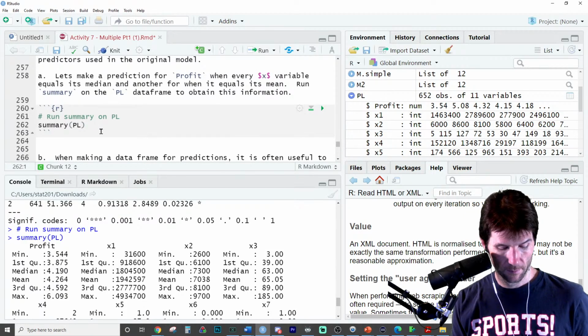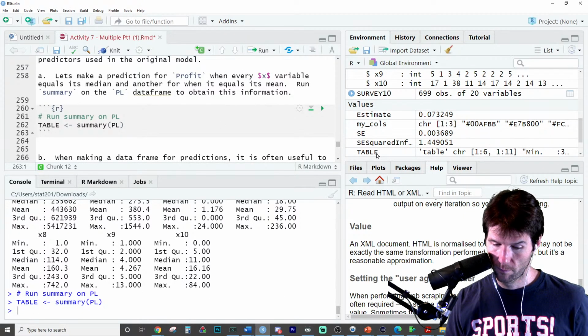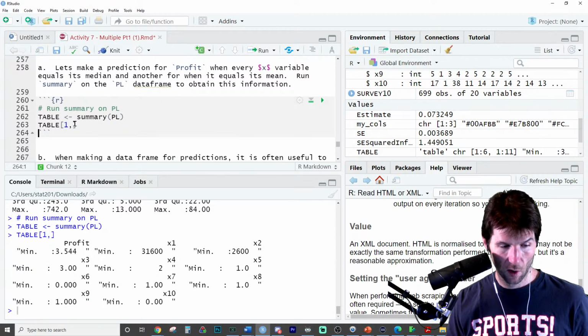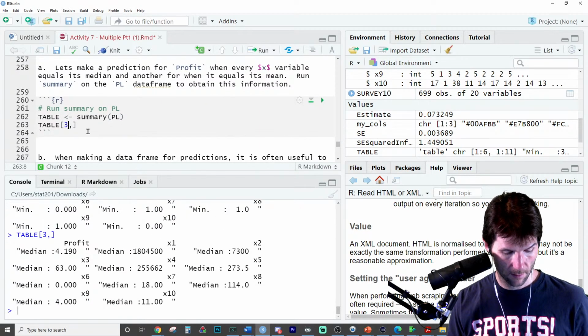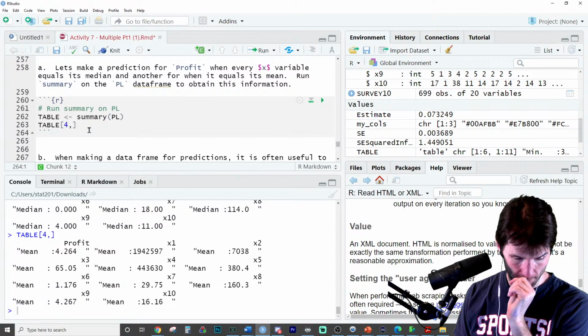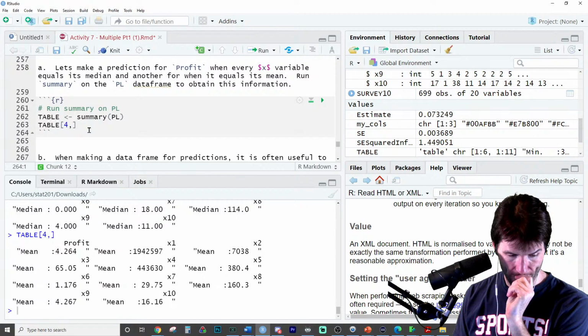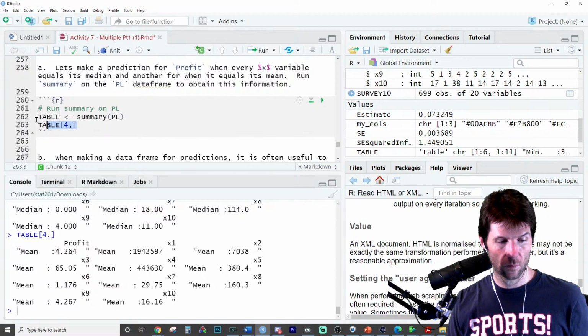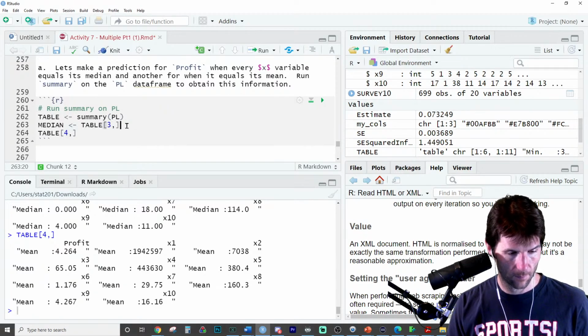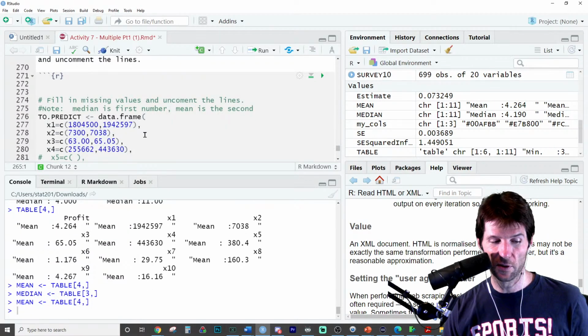We're making a data frame where we need the x's, but I might be able to get it. Let me try a few things. Ooh, look at this. There's the median. There's the mean. But I need it to go... I don't want to use this code down here.